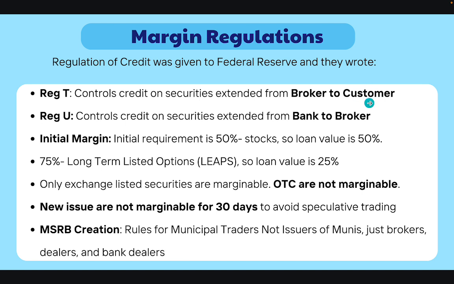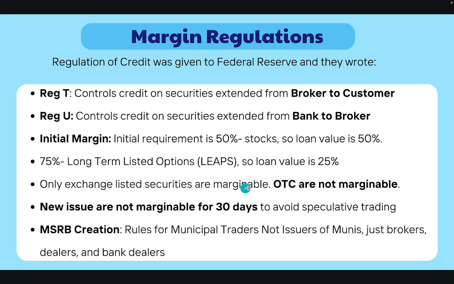So there's our Reg T. Reg U controls credit on securities extended from bank to broker. From bank to broker, Reg U. Initial margin: the initial requirement is 50% stock, so the loan value can only be up to 50%. And if it's a long-term listed option, then the loan value can be up to 25%.